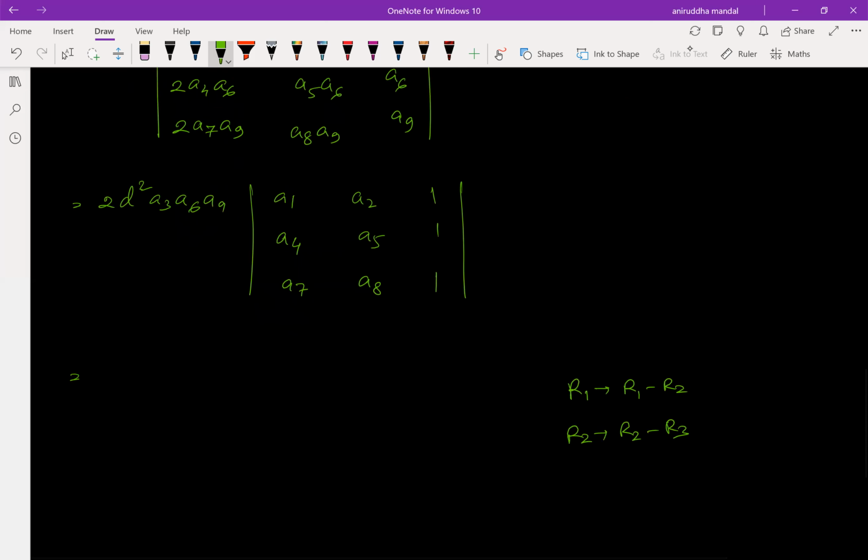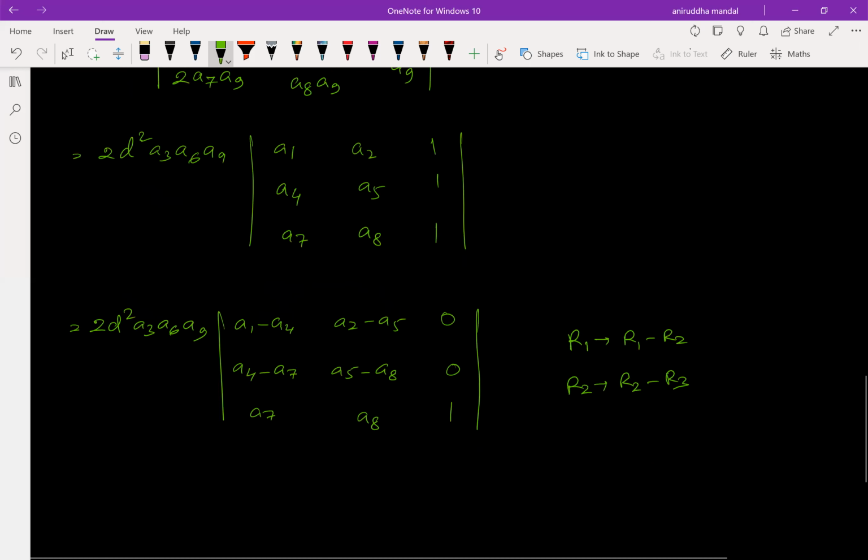So what we have here is 2d square a3 a6 a9, with a1 minus a4, a4 minus a7 and a7, and a2 minus a5, a5 minus a8, a8, then 0, 0, 1.